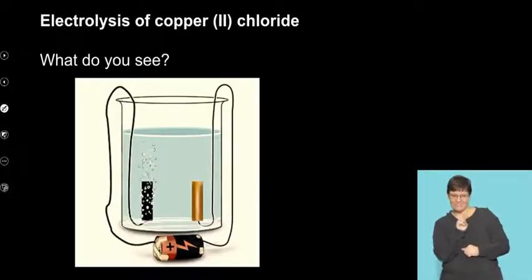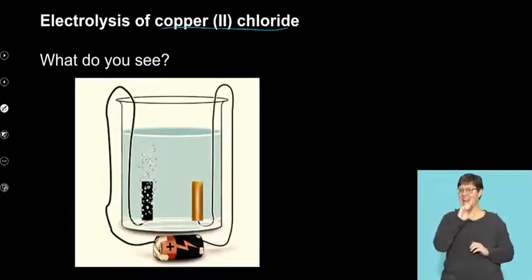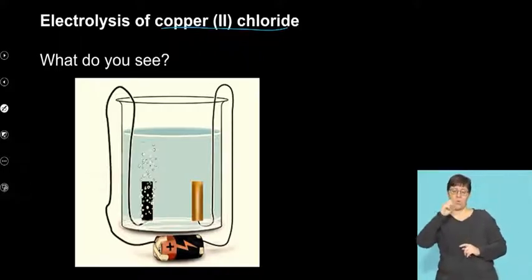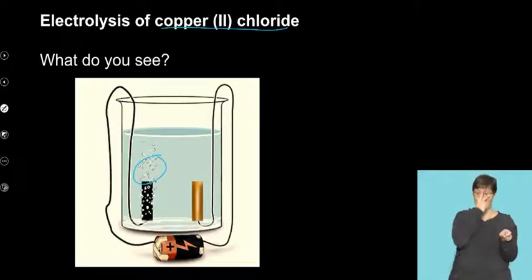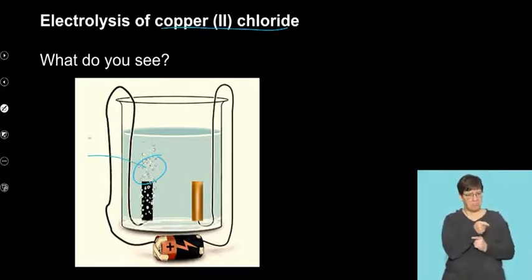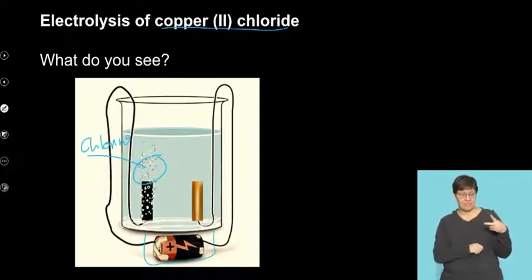What do you see in this electrolysis of copper(II) chloride? Well, the first thing that stands out is on this graphite electrode, which is black, we've got bubbles. And these surely must be bubbles of chlorine. The second thing is, you notice there's a source.